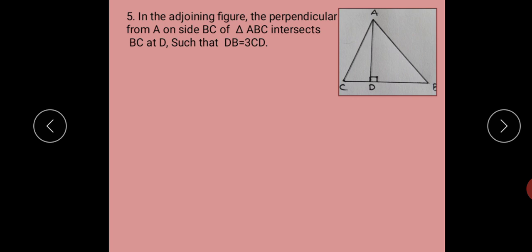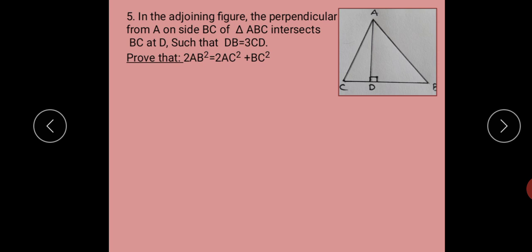So DB is 3 times CD, or CD is 1/3 of BD. Let's see what is asked to prove. 2AB square is equal to 2AC square plus BC square.